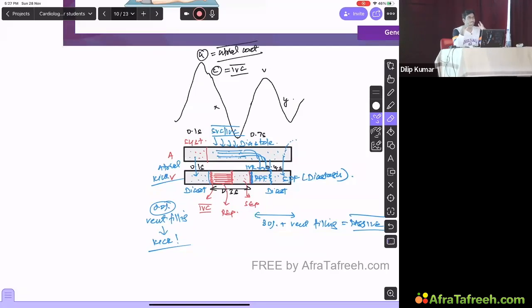Timing wise, even though you might argue, when you see it manually, it really correlates with the carotid pulse. Ventricular contraction and carotid pulse generally correlate with each other. So what they felt initially when they saw this kind of C wave is that it should be because of the carotid pulsation causing a sort of artifact in the JVP. So that's why they named it the C wave. That's called carotid artifact.